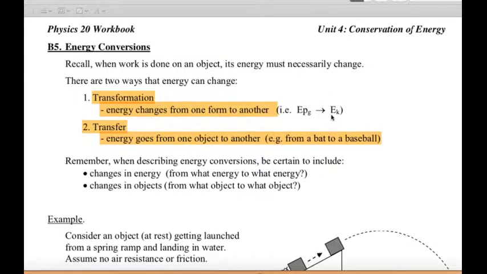That's always happening within one object. Transfer is between two different objects. So we're getting energy going from one object to another. For example, when a bat hits a baseball, we're transferring kinetic energy from one object to the other. So transfer, by definition, needs to go from one object to the other.